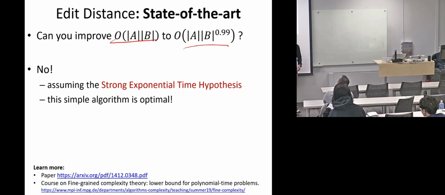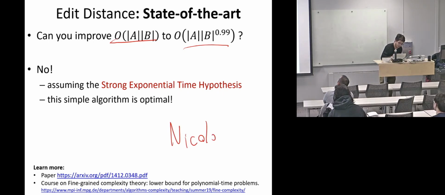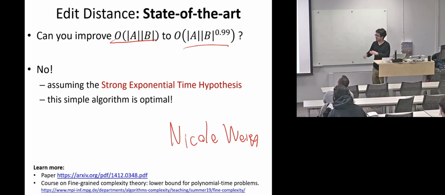Okay. Let's try to argue that you cannot even improve the running time by a tiny factor, because if you can improve it, then it will contradict some conjecture. This is a pretty cool area of research, and Nicole Wein and I are doing research in this area.